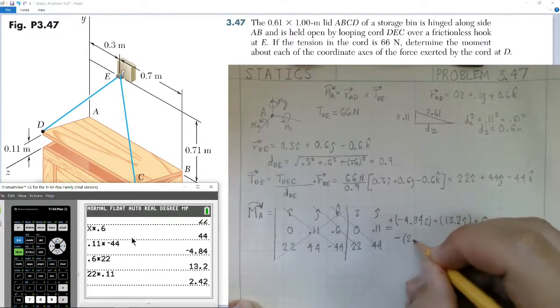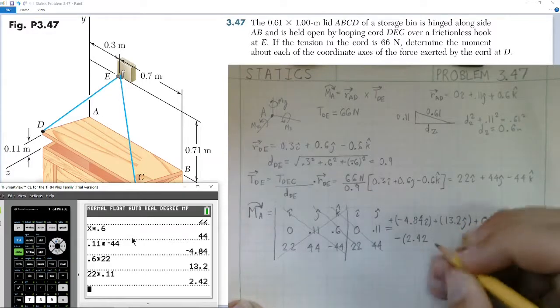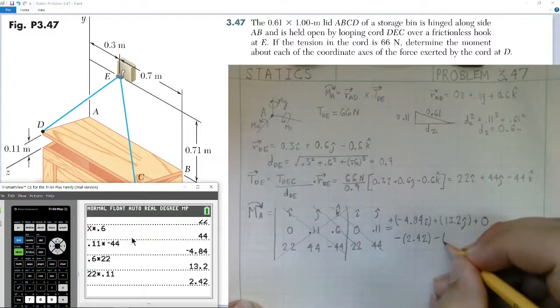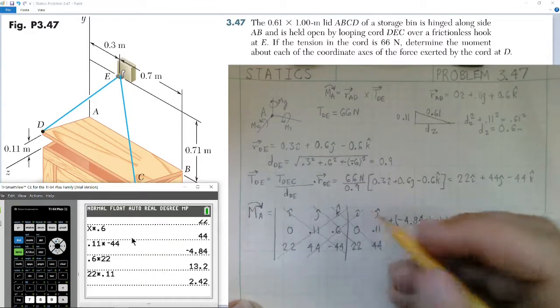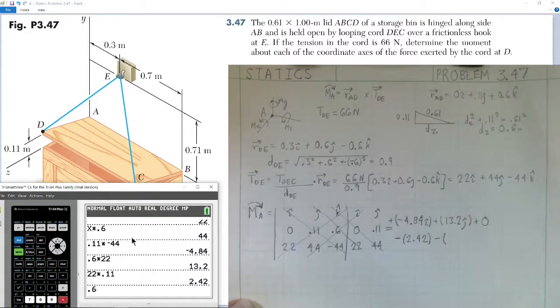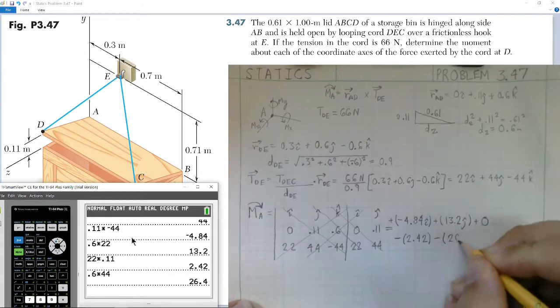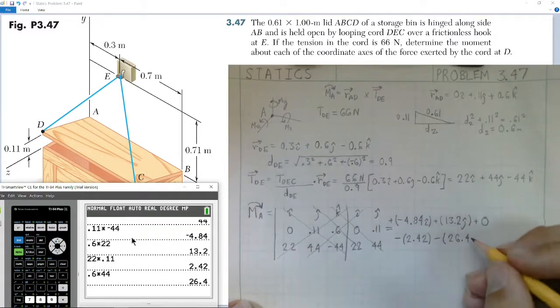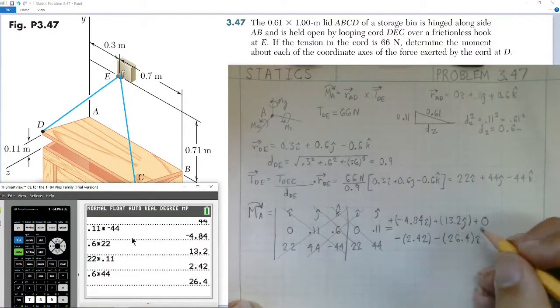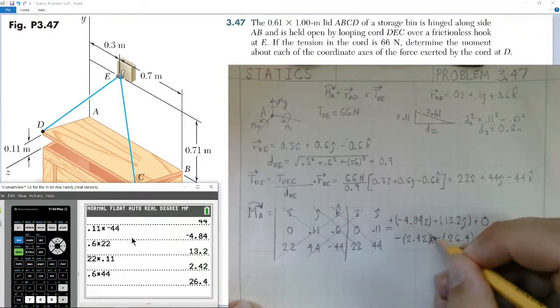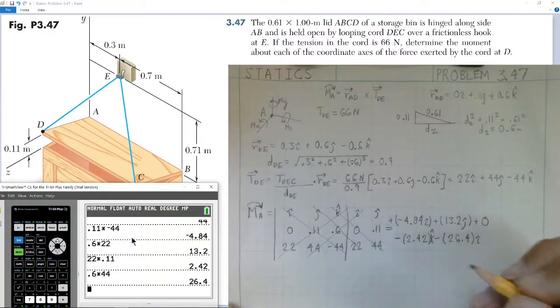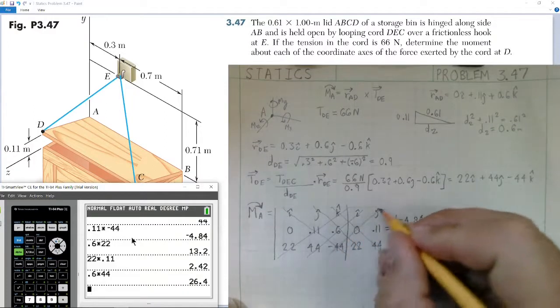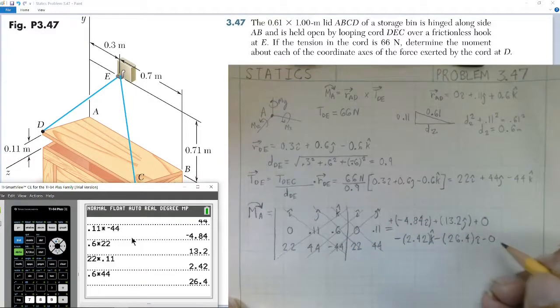We get 2.42 minus, now going up and to the right, 0.6 times 44, which would be 26.4 in the i hat direction. This was in the k hat. Let's make sure to include this unit vector component. And finally, this value has a 0 as well, so minus 0.